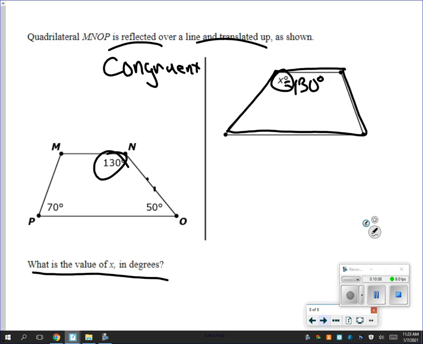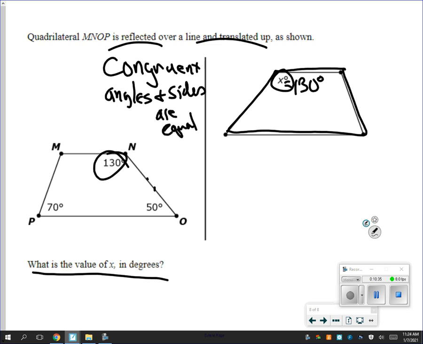Alright, the next one. I forgot to erase this, but let's look and see how this works. It says quadrilateral MNOP is reflected or translated up. The reason why I underline these two things is because they are congruent. Reflecting, translating, congruent. And when we say something's congruent, that is angles and sides are equal.